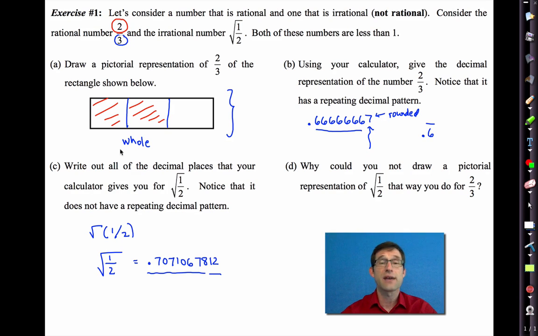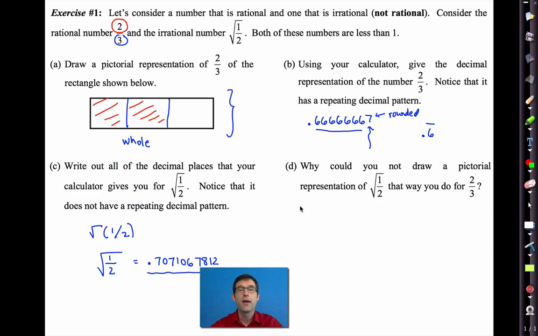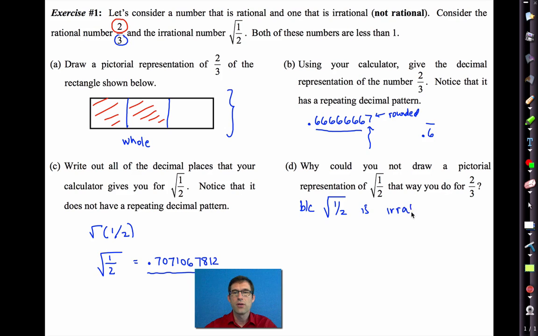All right, well, this is actually quite tricky in my mind. Because the square root of 1/2 is irrational, it cannot be written as the ratio of two integers.